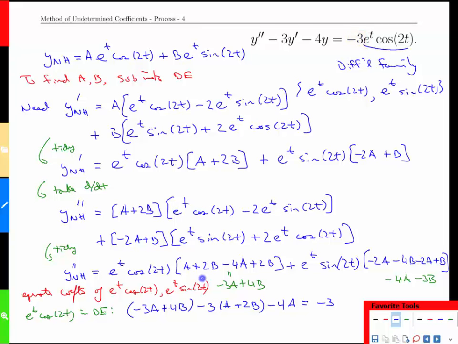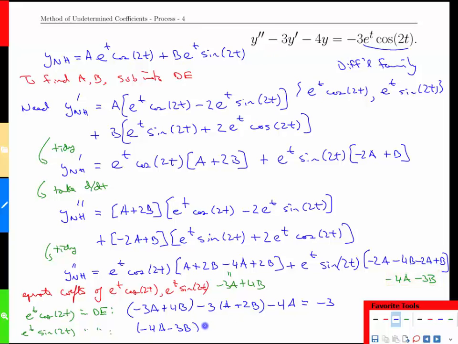So not easy, but way easier than trying to write out the entire left-hand side of the equation and right-hand side. Because we can do exactly the same thing with the coefficients of the sine 2t's in the differential equation. Y double prime, e to the t sines has minus 4a minus 3b's.